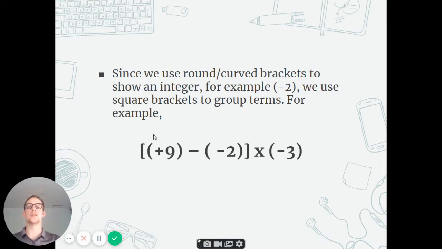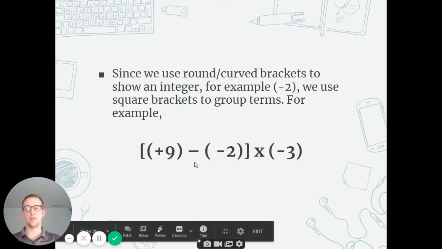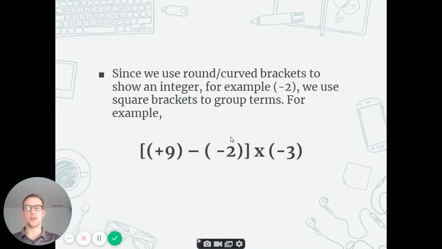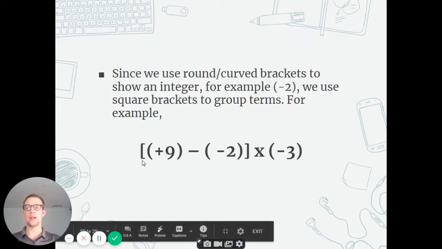Because with integers, these things are in curved brackets, there's no operation, there's nothing happening except for the number. So you need to add these large brackets to this problem, and that would be the first thing you do.